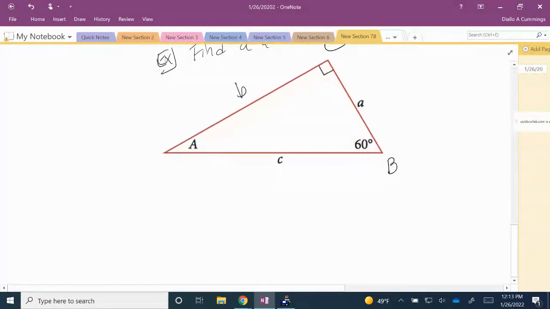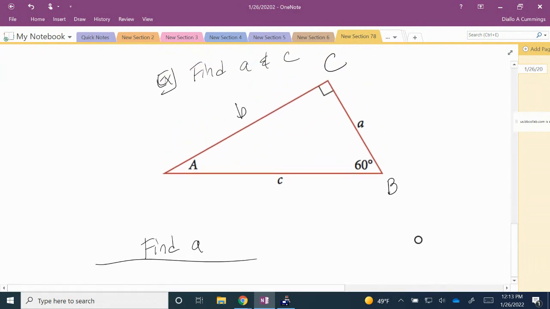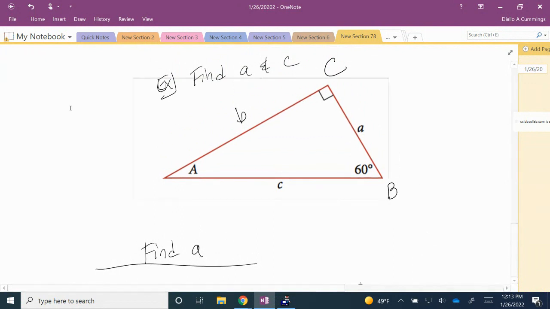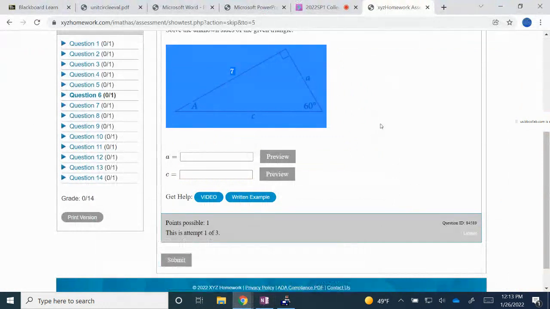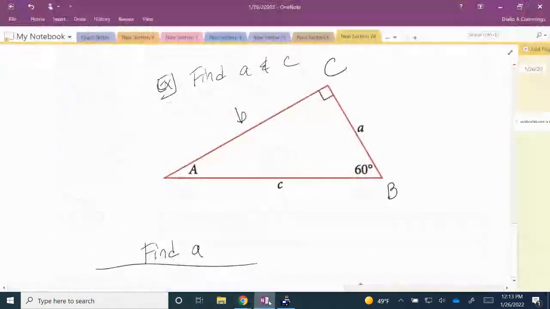So first, we're going to find side length A. Hold up, something has to be missing because I only have one dimension. Okay, this should be 7. I don't know why that didn't come through, but B should equal 7.